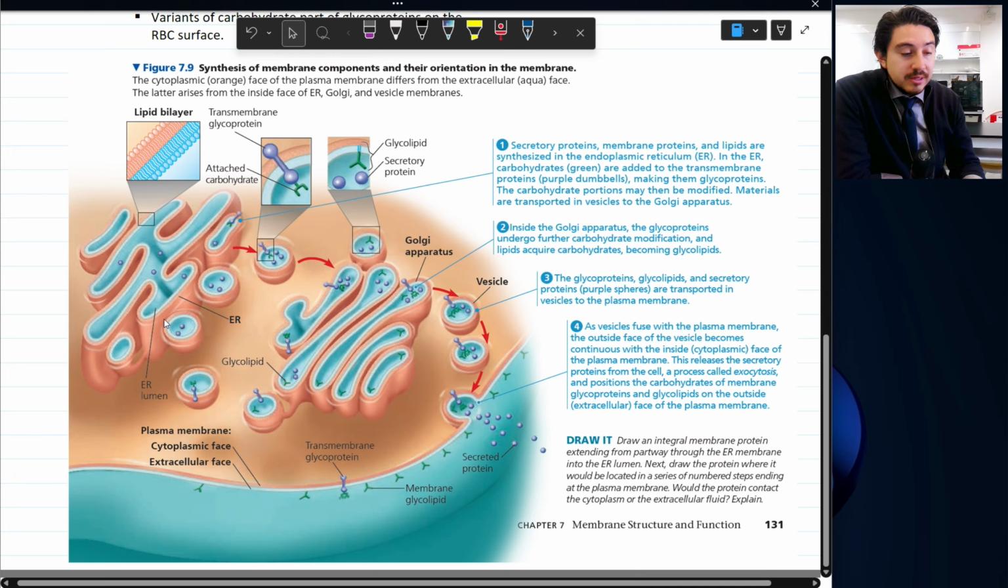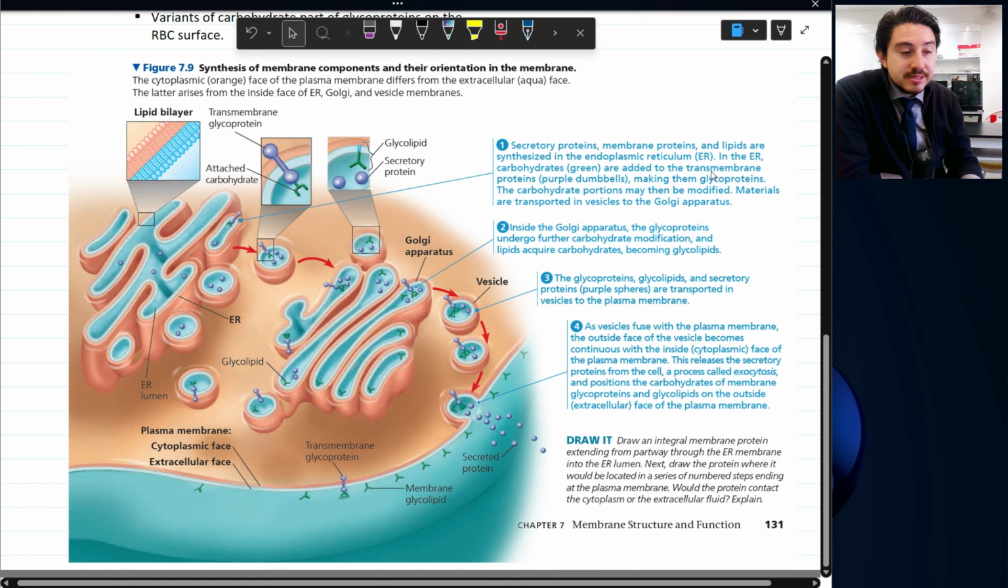But then ultimately, you see here, right, you have the cytoplasmic face having altered. So that's quite interesting, right? Carbohydrates are added to the transmembrane proteins in the ER, making them glycoproteins. These carbohydrate portions can then be modified. Materials are transported in vesicles to the Golgi apparatus.